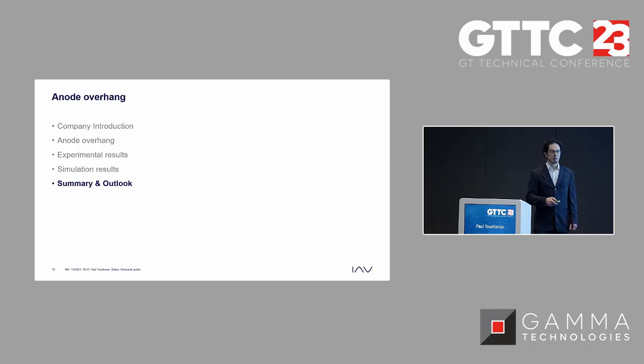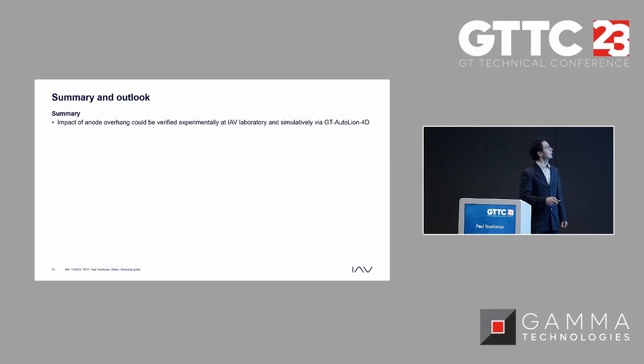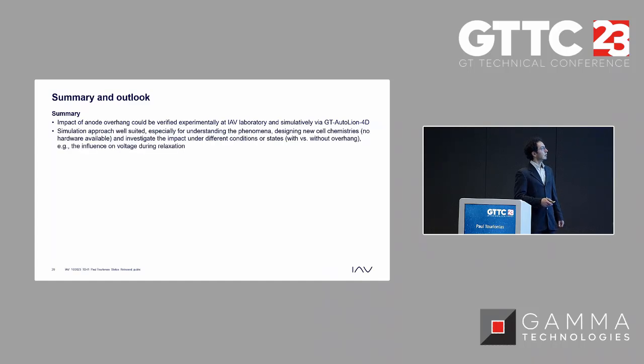As summary and outlook, we have verified experimentally and by simulation the effect of anode overhang by using the GT-AutoLion-4D product. Here we see that the simulation approach is well suited, especially for understanding what is going on in the cell, but also when thinking of new chemistries.